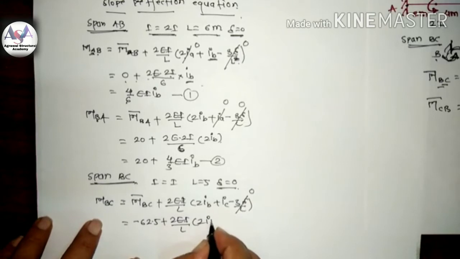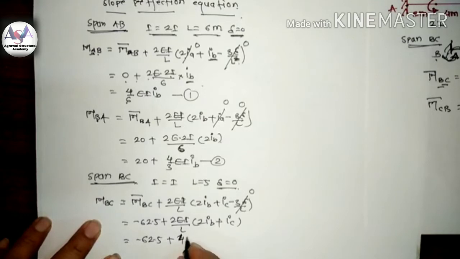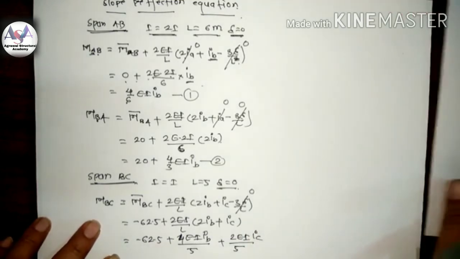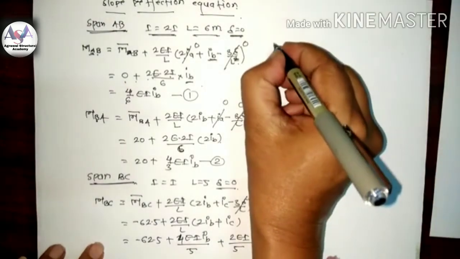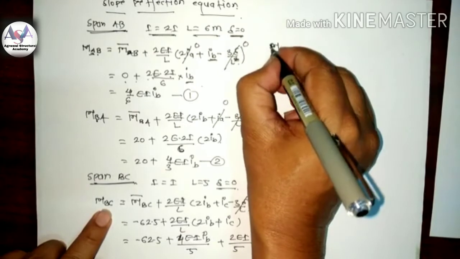So twice theta B plus theta C. So this finally becomes EI divided by L, which is 5, so divided by 5. Then M BC is completed.